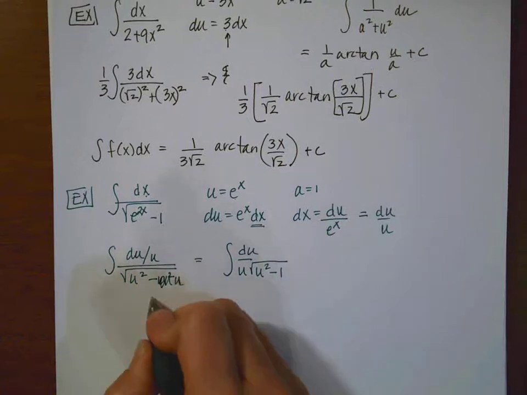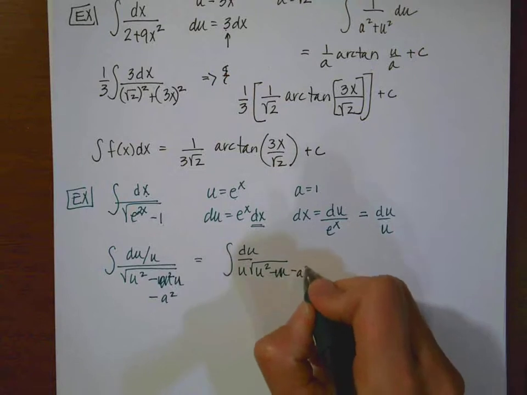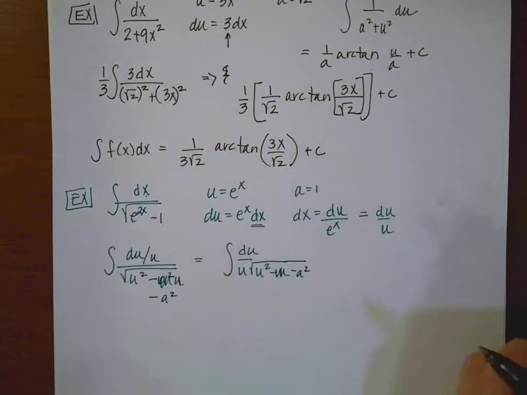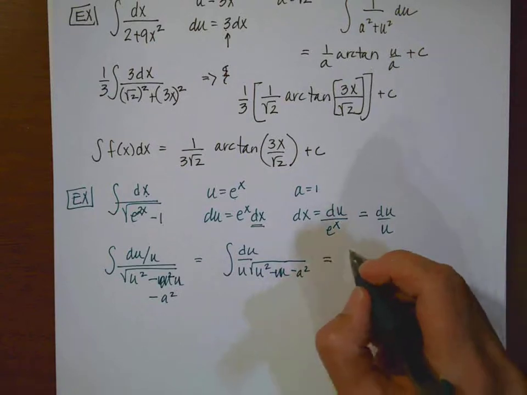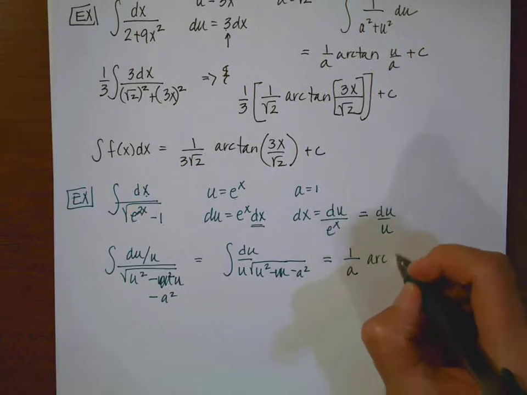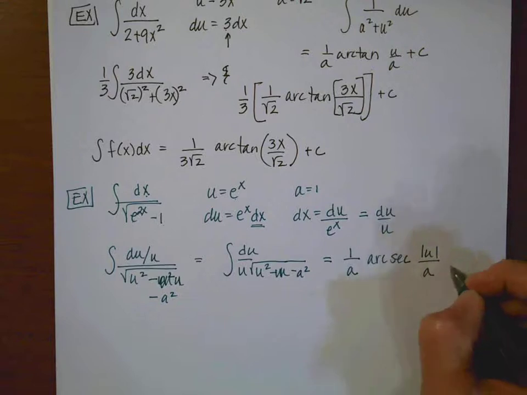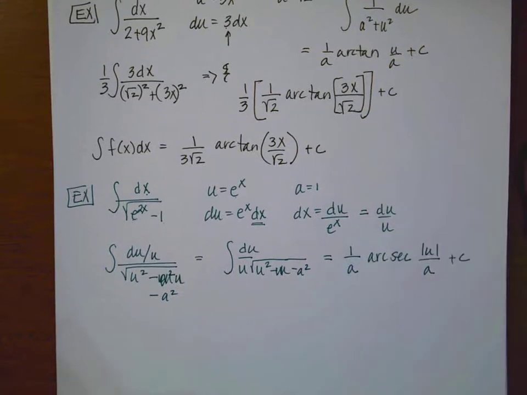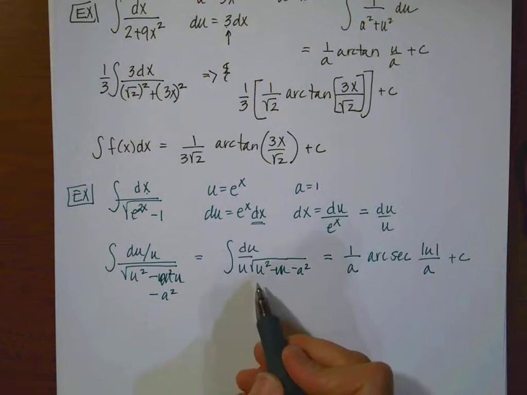If a is 1, so this was a squared, I'll write this as minus a squared so you can compare it to the rules that we wrote down. Well, then this is going to be 1 over a times the arc secant of the absolute value of u over a plus c.